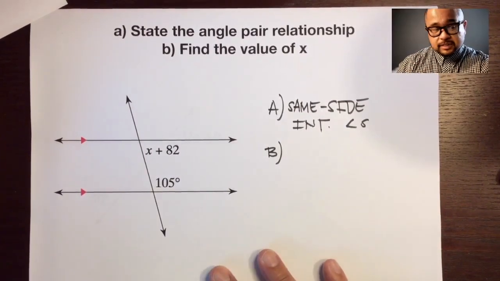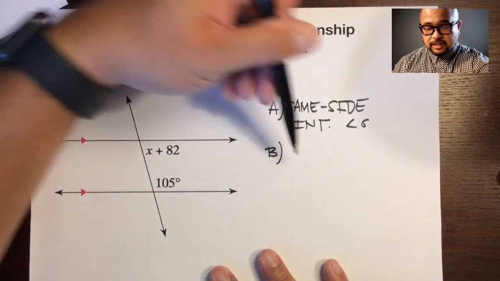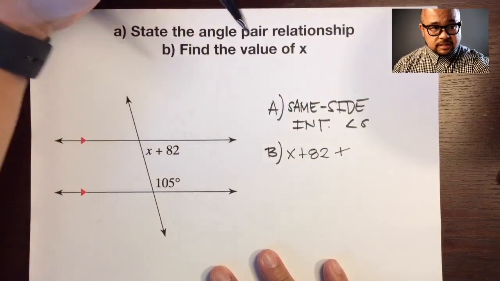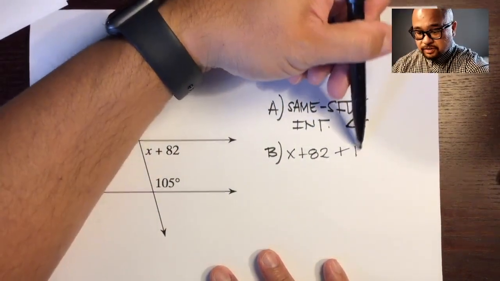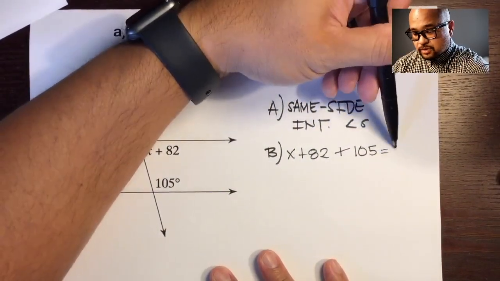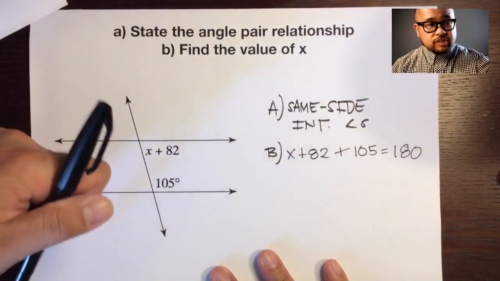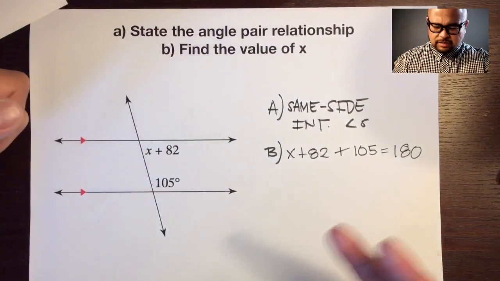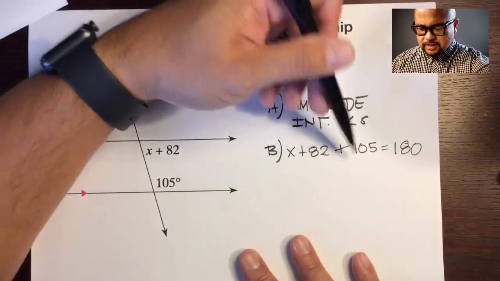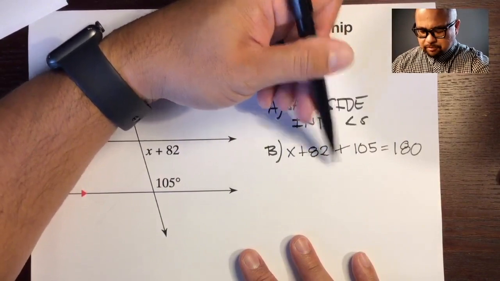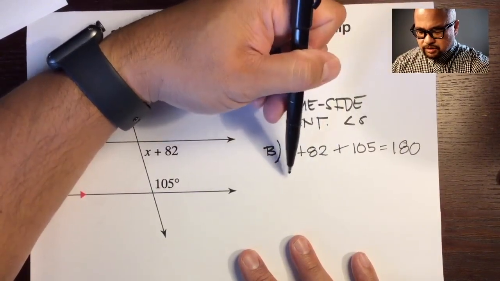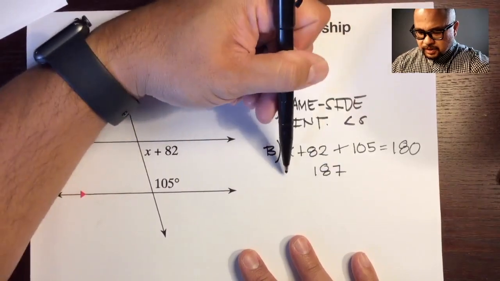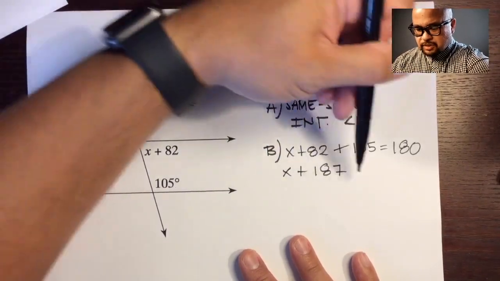So let's add up these to 180 degrees. So we got this X plus 82 plus the other angle, which is 105, equals 180 degrees. Let's do some math over here. Okay, so let's combine these like terms. 82 plus 105 is 187, and we've got X plus 187.